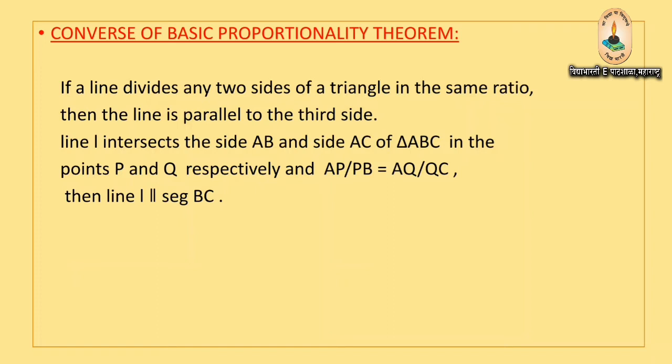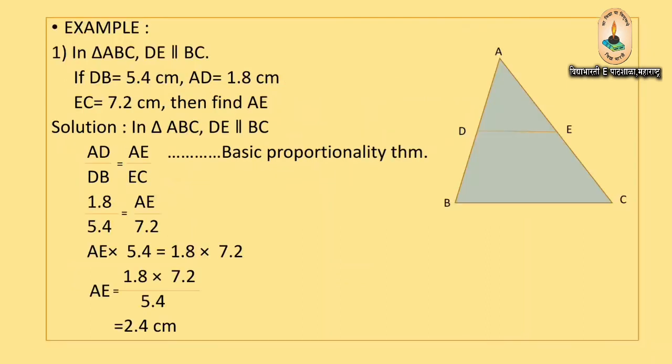These two ratios are equal. Then we say that line L is parallel to side BC. Now using the basic proportionality theorem and its converse, we solve some examples.